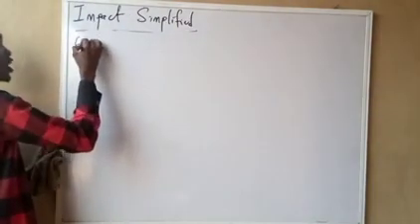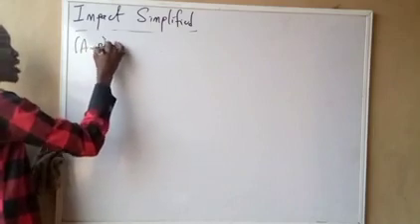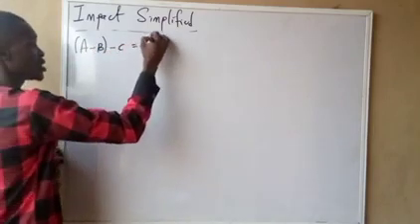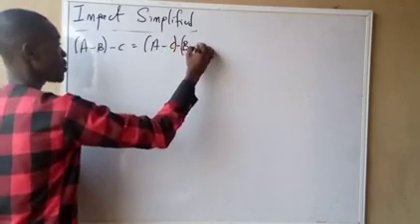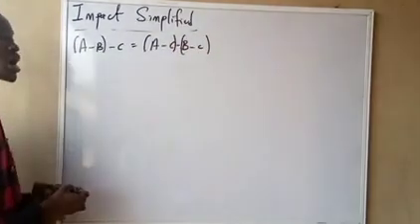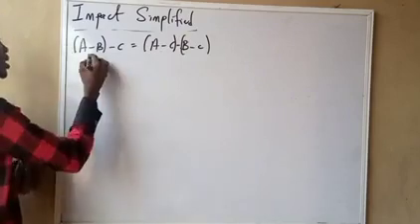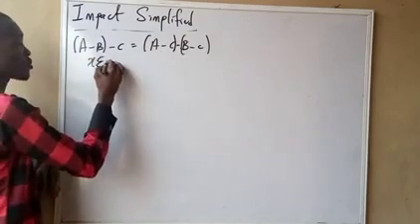Now let's look at this. We prove rigorously that A minus B minus C is equal to A minus C minus B minus C. Wow! So how can we prove this? That will give us x is an element, preposition 1.